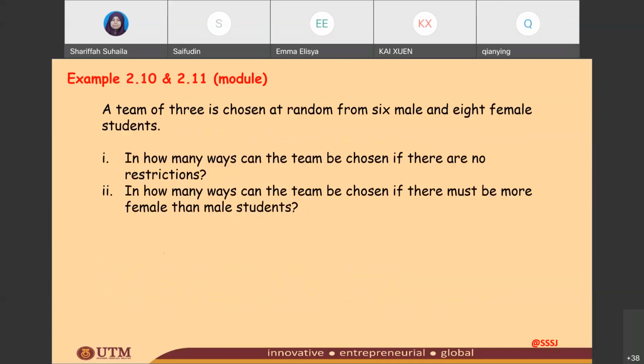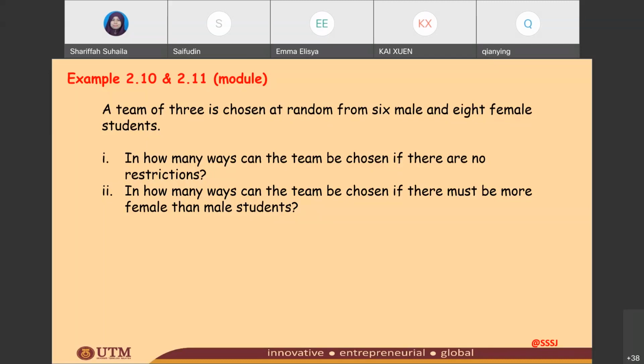When you read the question, you need to distinguish whether this one is for combination ataupun permutation. Okay, for example, a team of 3 is chosen at random from 6 male and 8 female students. So how many ways can the team be chosen if there is no restriction? Okay, tak ada kekangan apa-apa. So the team can choose any student, regardless of their gender.